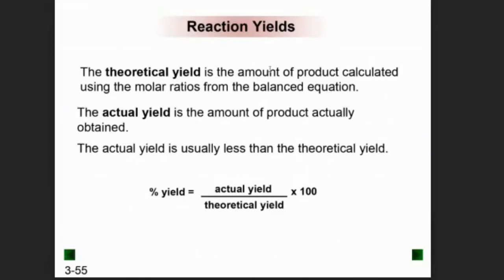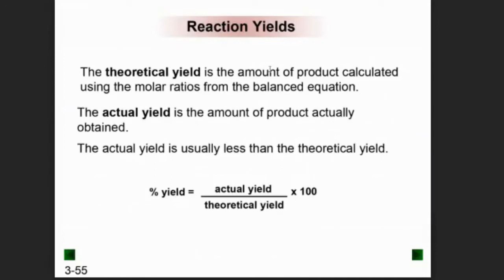If I ran the reaction and took the limiting reactant, used all of it up, had plenty of excess other reactants, then it should produce the theoretical yield. We've assumed at this point in time that all the products we've made are theoretical. They're perfect. There's nothing else going on there. There's no side reactions. There's no problem with the reaction going to completion. We're just going to assume they work perfectly.